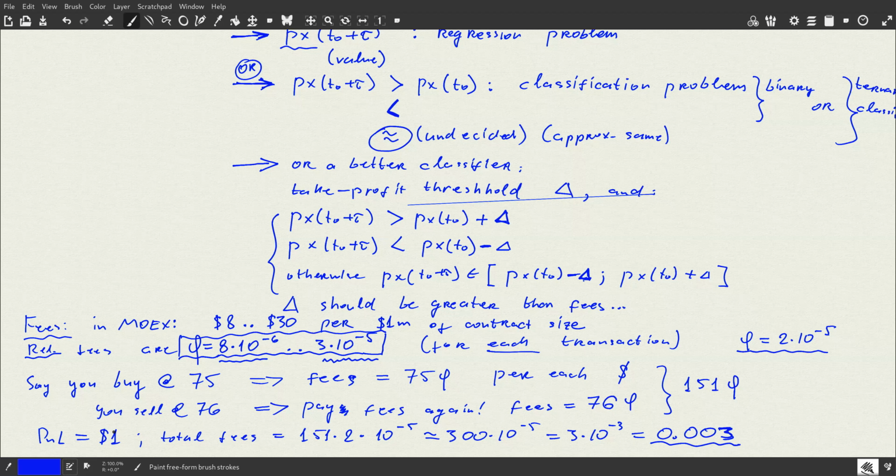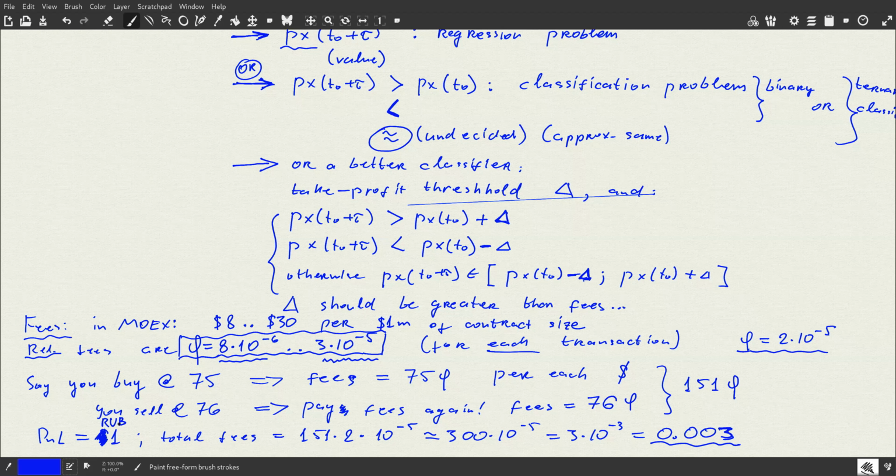Sorry, no, I'm wrong. Your P&L is not $1. The contract is denominated in rubles. Apologies. So your P&L, if you buy at 75 and sell at 76, is 1 ruble. Okay?